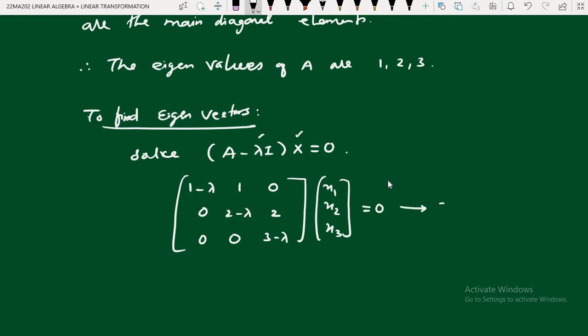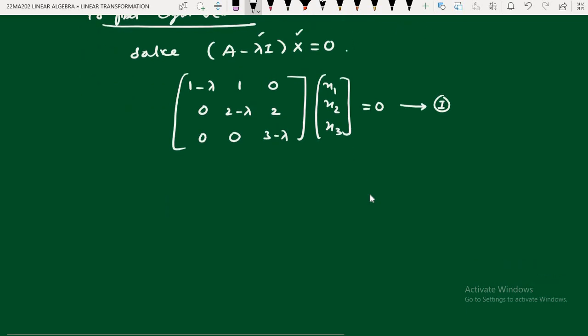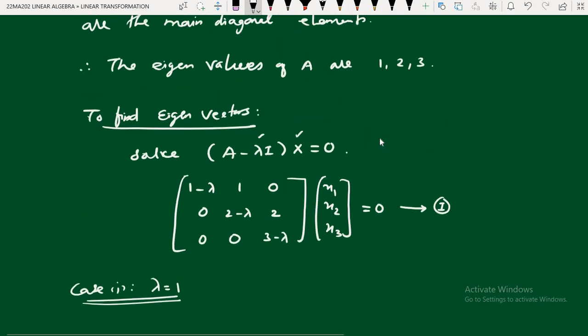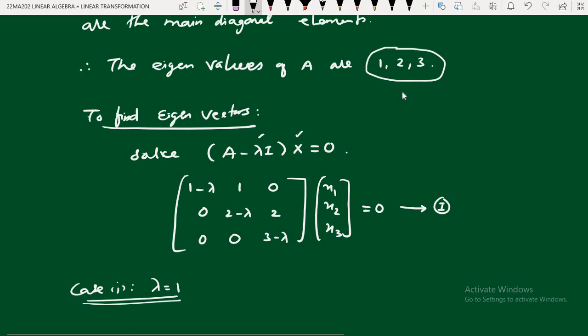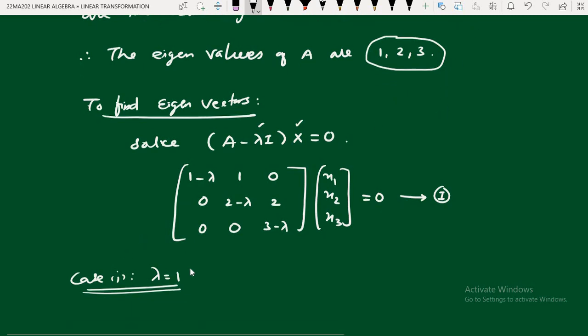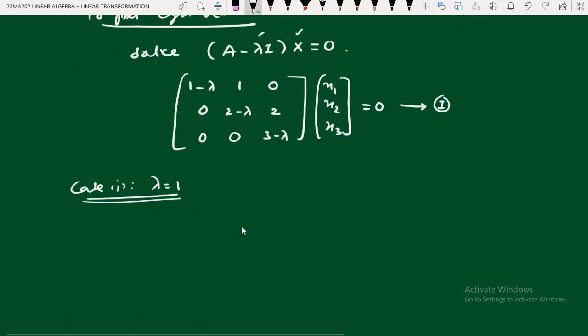Take this as equation number 1, the main equation. Here we go one by one. First take lambda equal to 1, our first eigenvalue. These are our eigenvalues 1, 2, 3, and for each eigenvalue we have to find an eigenvector, so we need to find 3 eigenvectors.